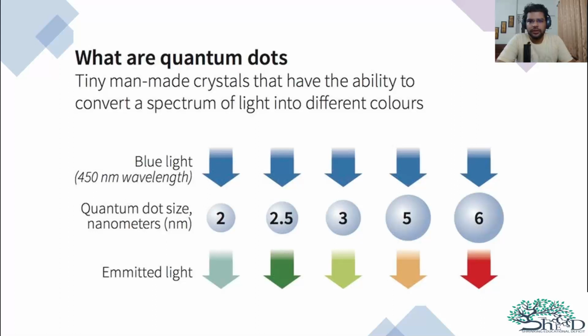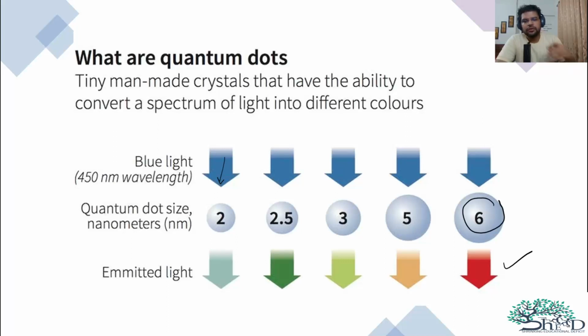So how do they work? Basically, when a blue light hits a quantum dot, depending on its size it will emit a color. As you can see, blue light is hitting, and if the size of this quantum dot is 2 nanometer, it will emit light green. If the size of the quantum dot is 6 nanometer, it will emit red light.